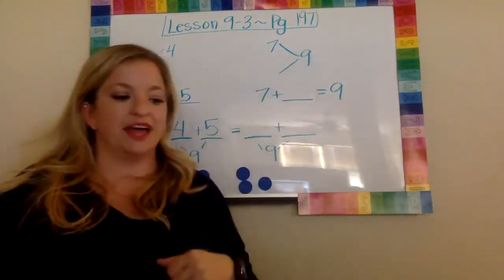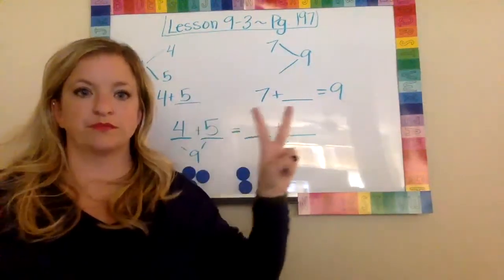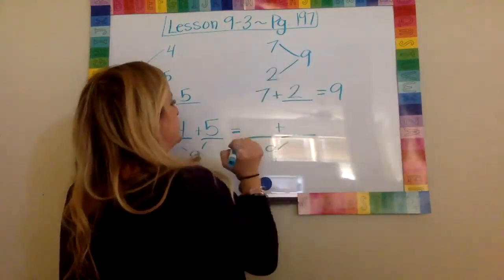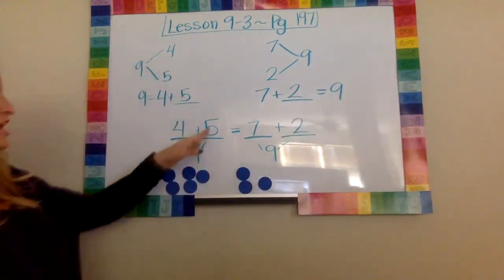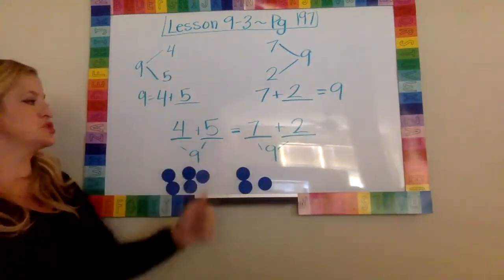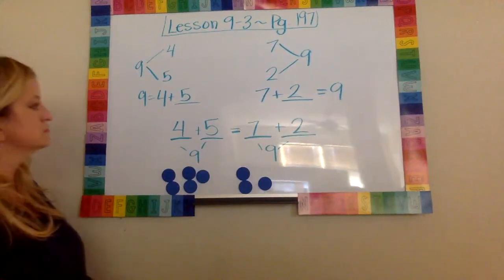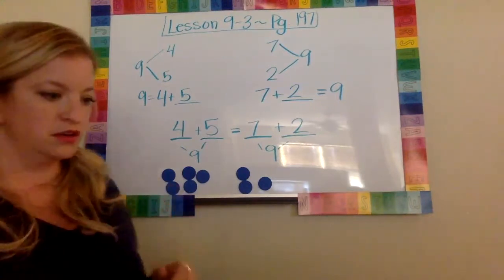I'm going to stop at 9. So 7, 8, 9, 2. Whoop, I forgot to do it up there too. So now I know that 4 plus 5 is the same as 7 plus 2. Both of them equal 9. They're just different ways. They're just broke up differently.